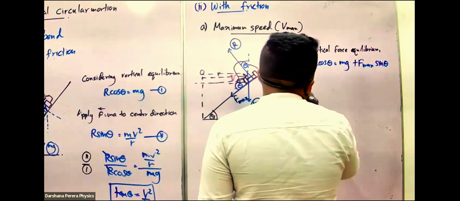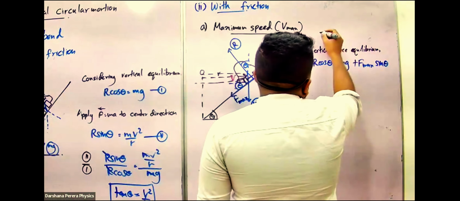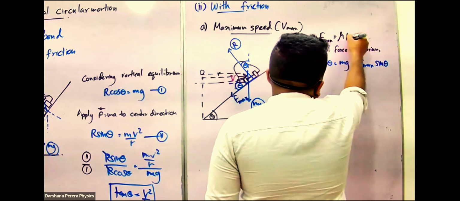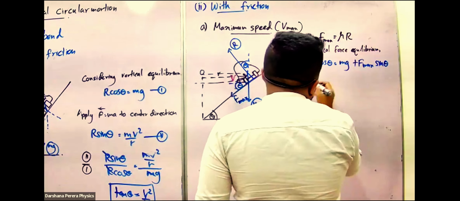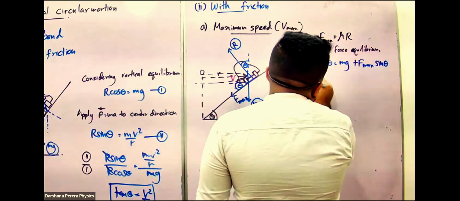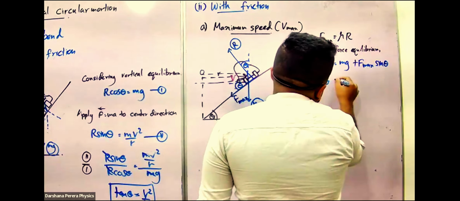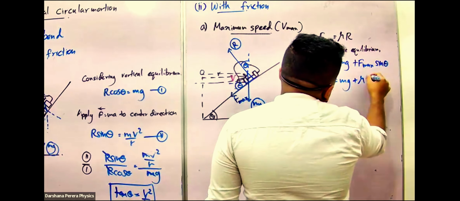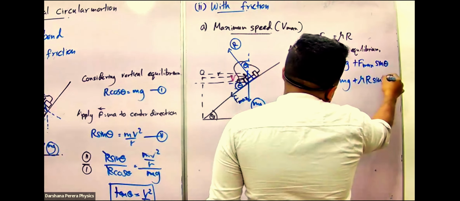We can take F max as mu R. Then we can simply say R cos theta equals mg plus mu R sin theta.